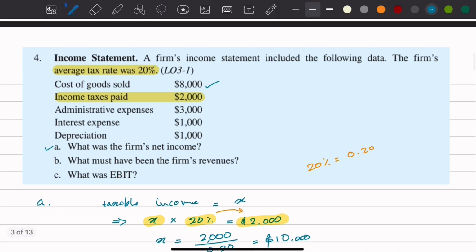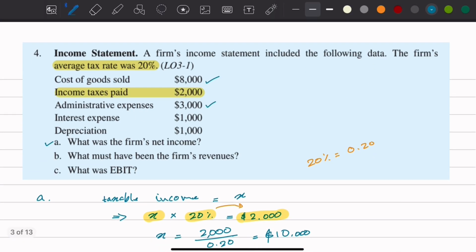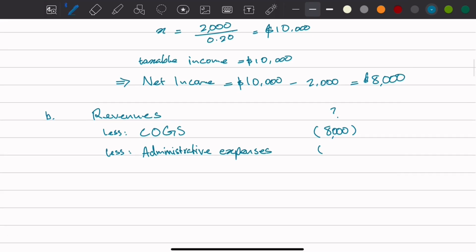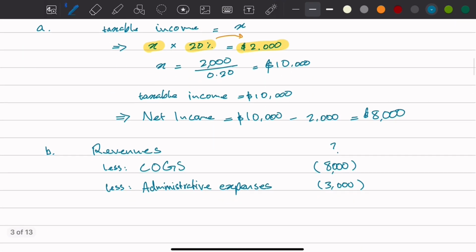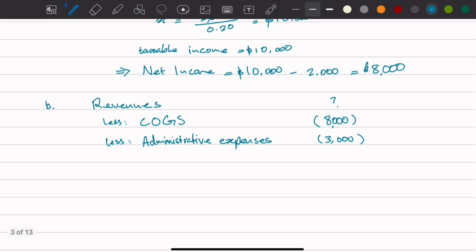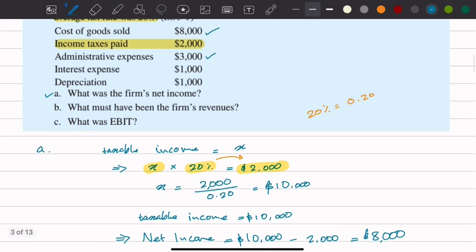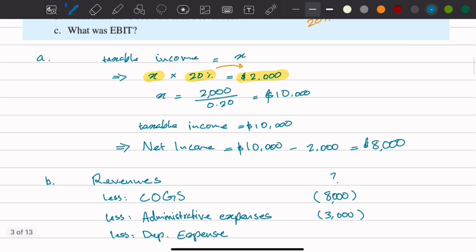And the administrative expenses was $3,000. Okay. And then we also have depreciation expense and interest expense. So this depreciation expense, which was $1,000, and interest expense $1,000 as well.